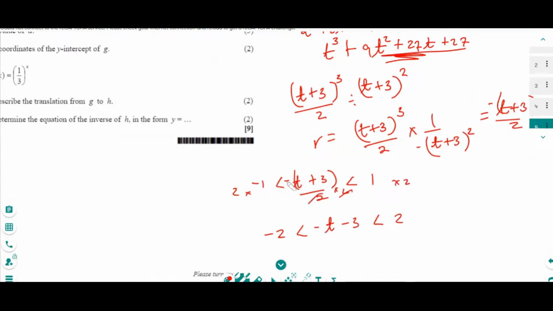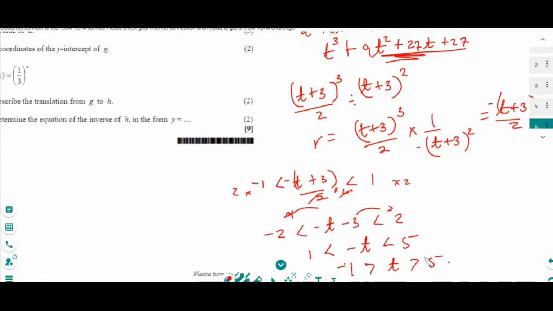So -2, we have our negative that, and then positive 2. Then I move the 3 to the other sides. So when it comes to this side, it will be a positive. So it means 1 is less than negative t, which is less than 5. Then I'll divide through by -1, which means -1 is less than t, then less than 5.